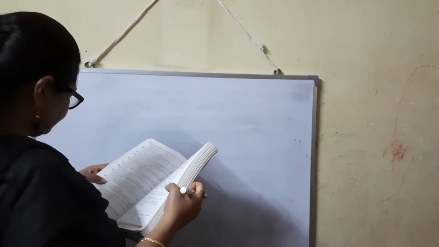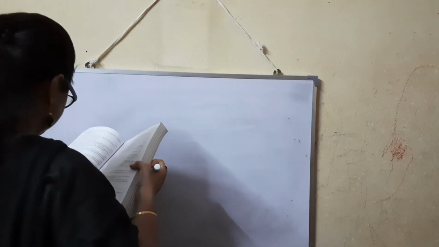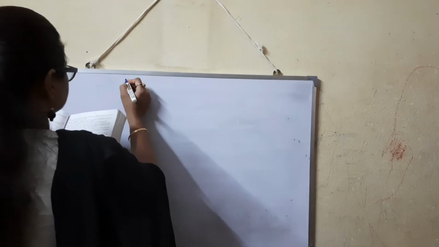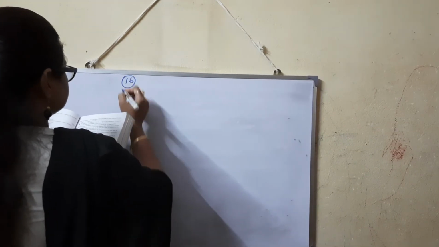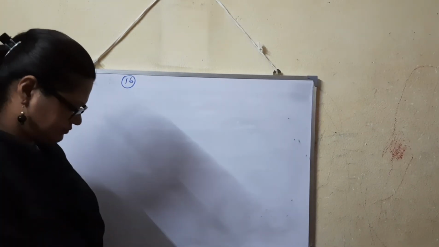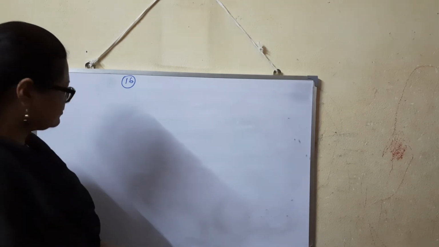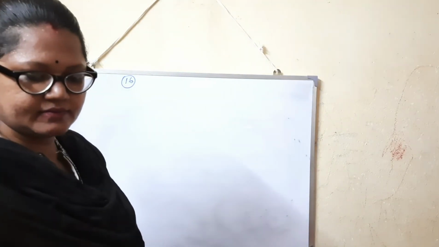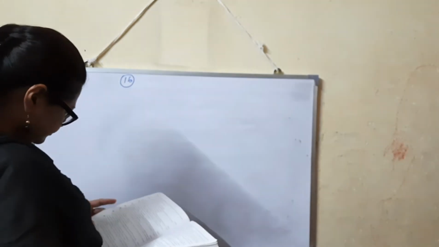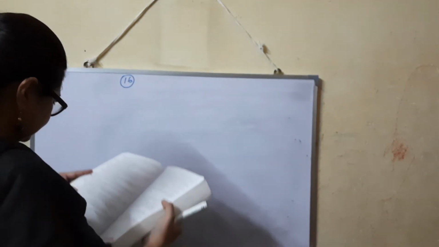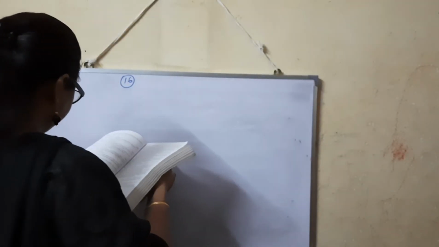Next we are going to do sum number 16. This is also a comparatively easy sum. A company has 10,000 shares of nominal value rupees 100.